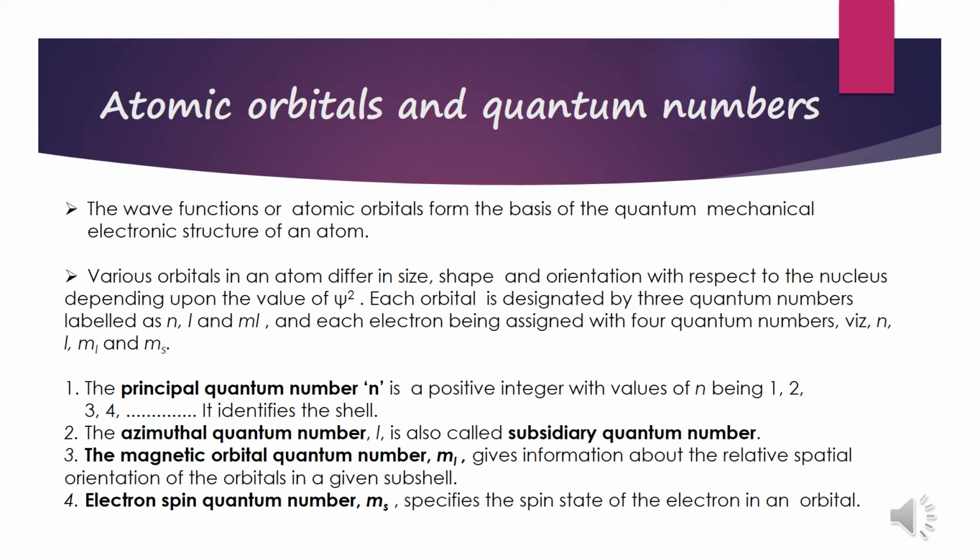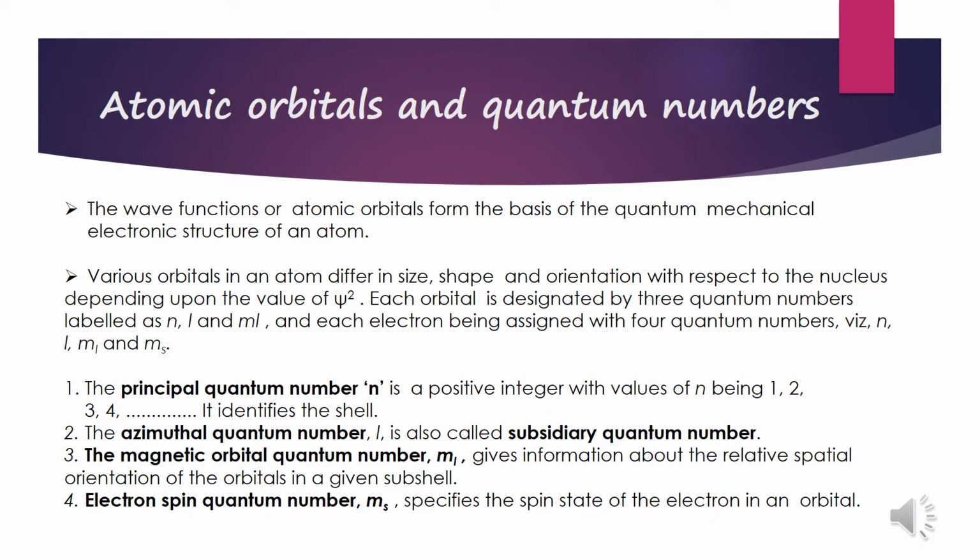Each orbital is designated by three quantum numbers, that is n, l and ml, which are called the principal quantum number, azimuthal quantum number and magnetic orbital quantum number respectively. And also the fourth quantum number, that is the electron spin quantum number, gives us the spin state of an electron in an orbital.